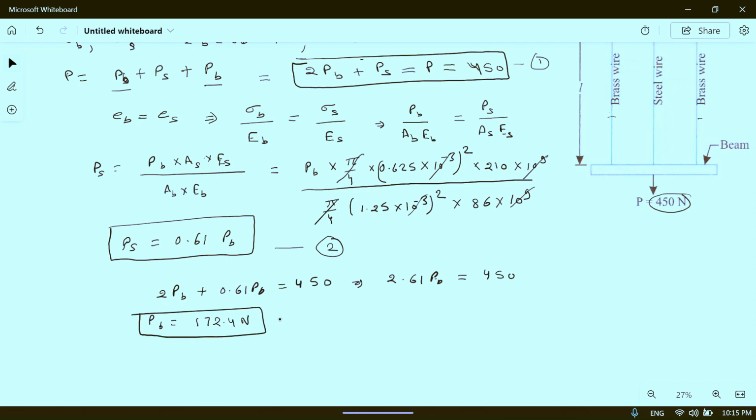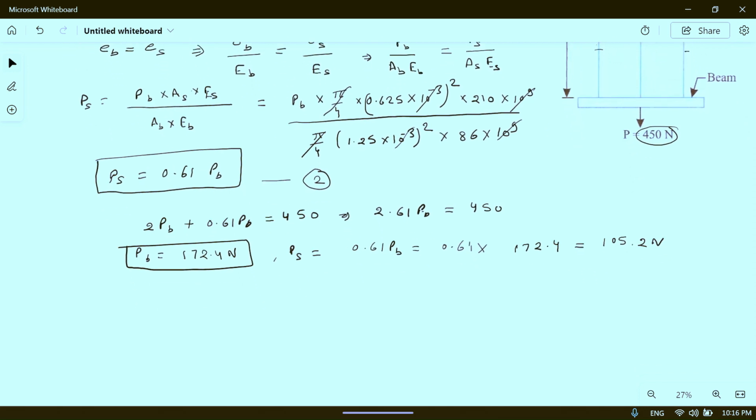This is the value of load carried by the brass wire, and P steel is 0.61 P brass, which will be equal to 0.61 into 172.4. It will be equal to 105.2 Newton. So now we have calculated the load carried by these wires.